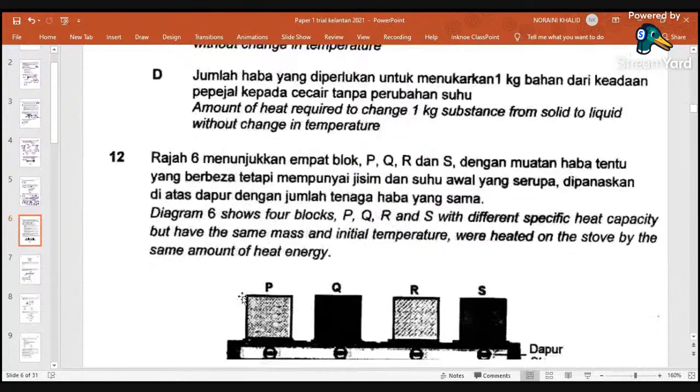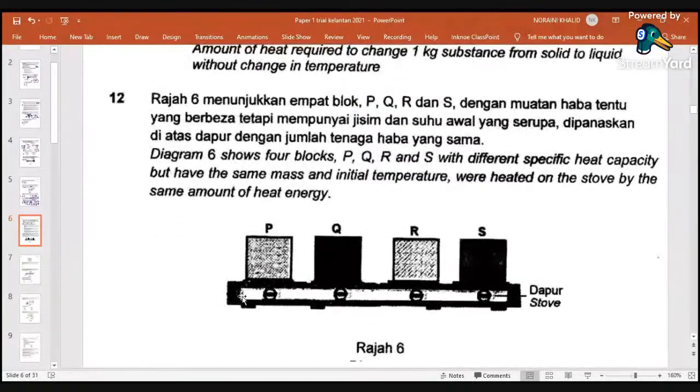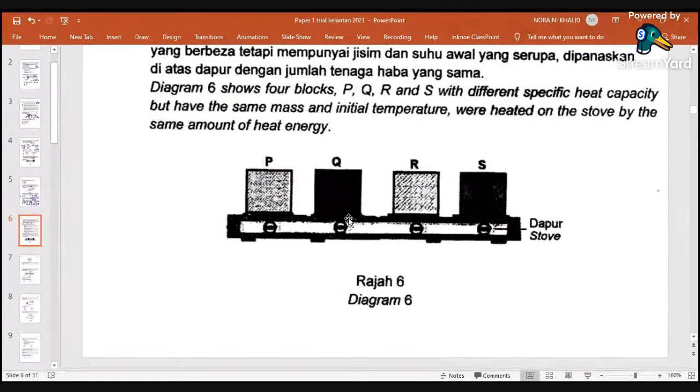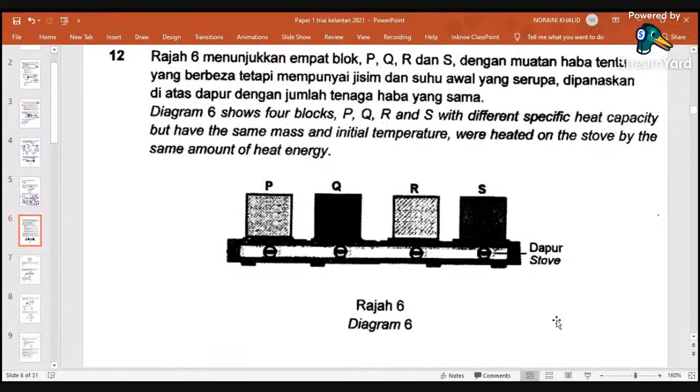Number 12. Diagram 6 shows 4 blocks P, Q, R, S, with different specific heat capacity but same mass and initial temperature, heated on the stove by the same amount of heat energy. So all constant, only the value of c changes. From the formula, Q equals mc theta.